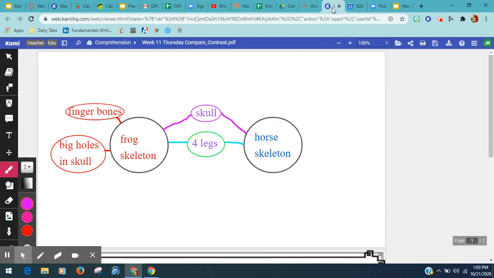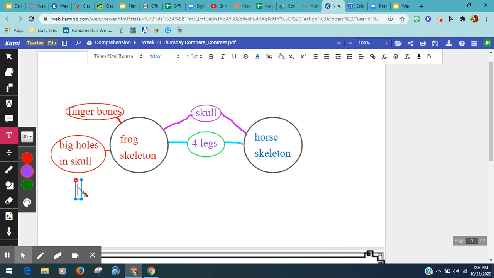Let's go back. Our frog has no neck. Let's add that over here. Gotta save myself some room. No neck. I want to do that in red. No neck. Got it.